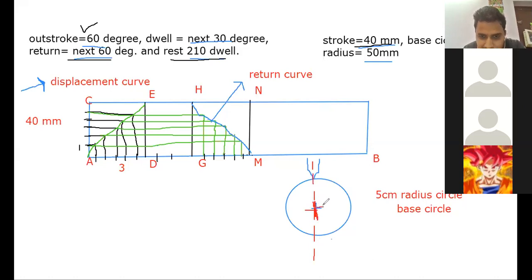Perfect. So once we have drawn this, now we would go to the data that is given to us. The data says initial 60 degrees, it is outstroke. So you would make this line and this angle as how much? 60 degrees first. So initially you will create this angle as 60 degrees here. Understood what I have done, guys?